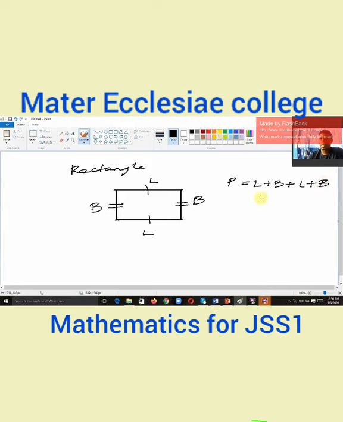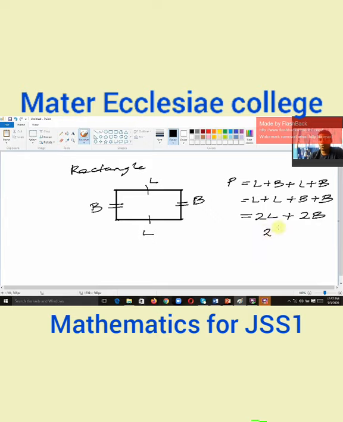So let's collect like terms. Let's regroup. L plus L plus B plus B. So what is L plus L? L plus L will give us 2L. Our knowledge of algebra, B plus B, 2B. So if you notice, 2 is common to both terms.